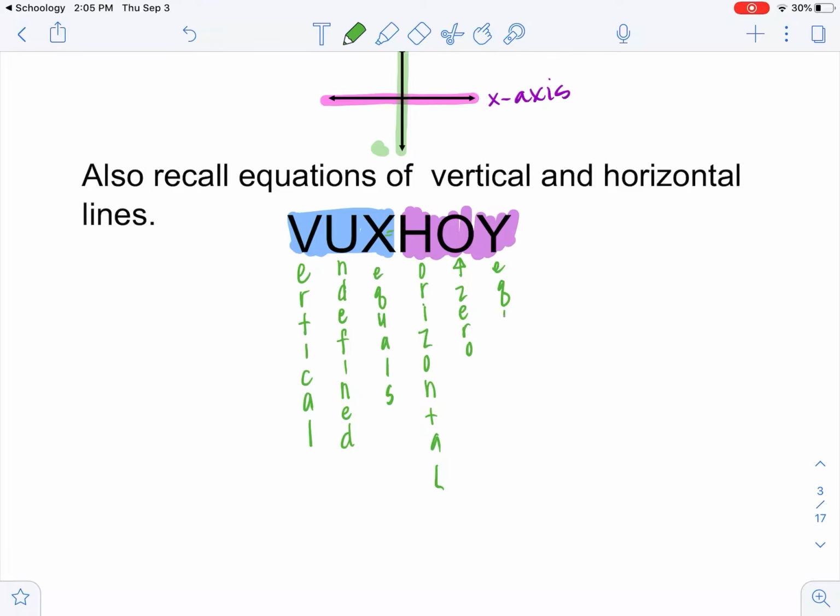And they are y equals. Once again, let's say that I have the line x equals 2. I need to make sure I graph it correctly. So I say x as in Vux. Vux is vertical, so I'm going to graph a vertical line at x equals 2.